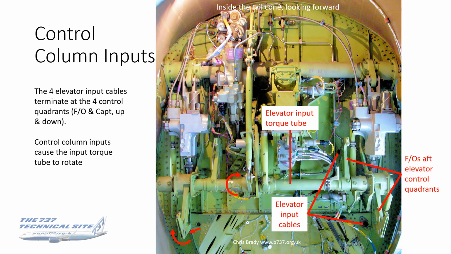Now, they are attached to the input torque tube, and as inputs are made on the controls, it's transmitted by the cables and turned into a rotation of that elevator input torque tube.